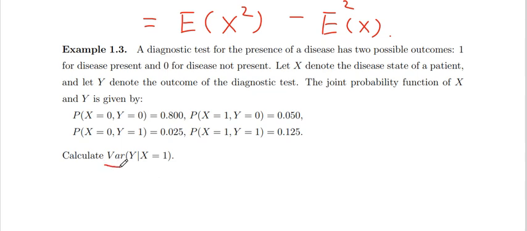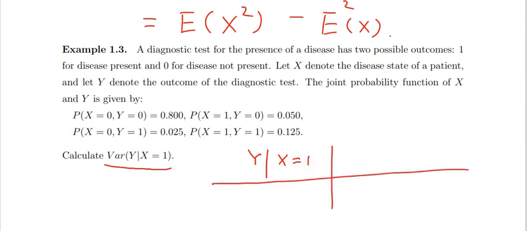So here we find a conditional variance. We need to find the conditional distribution of Y under the condition X equals 1. We regard this as a new variable, Y when X equals 1. So we just check X equals 1 and forget the rest. For X equals 1 we have two cases: Y can be 0, Y can be 1.